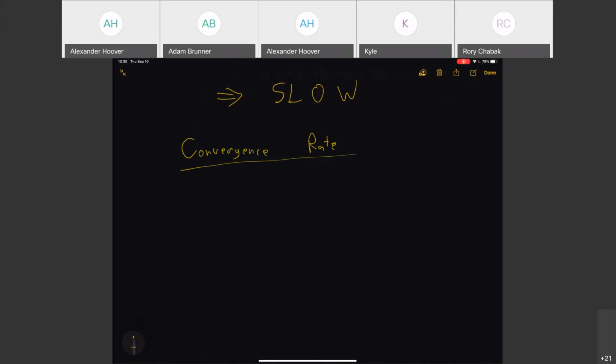All right, so let's designate our error. I'm going to write the error as ERR at the nth iteration as being bounded by (B minus A) over 2 times 2 to the negative n.